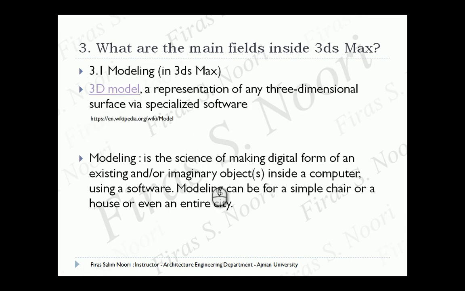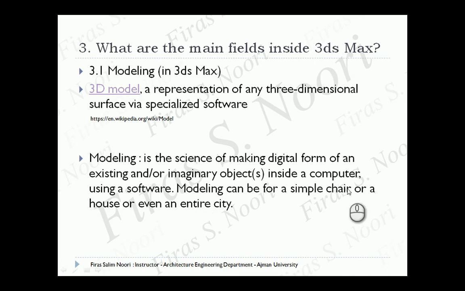So in modeling, which is the first step, the 3D model is a representation of any three-dimensional surface via specialized software. Or modeling is the science of making digital forms of any existing or imaginary object inside a computer using software.